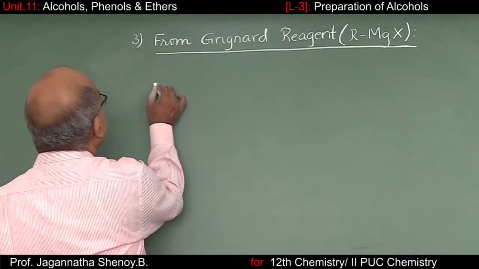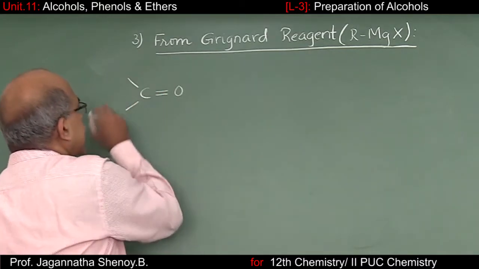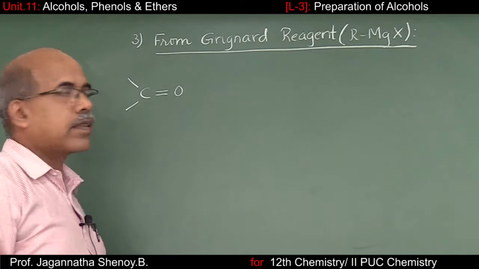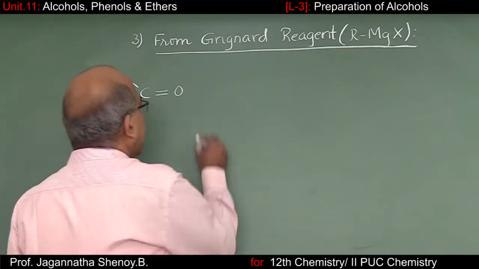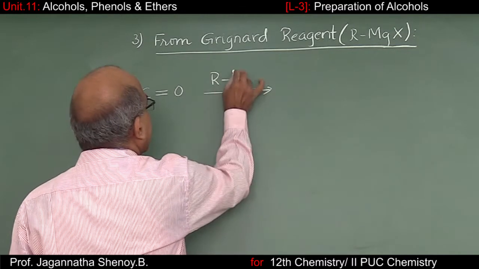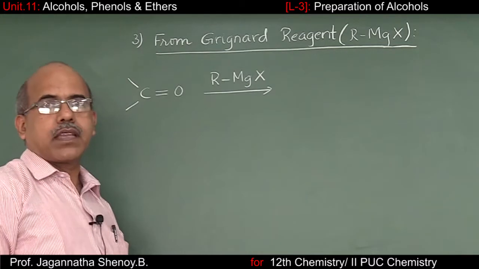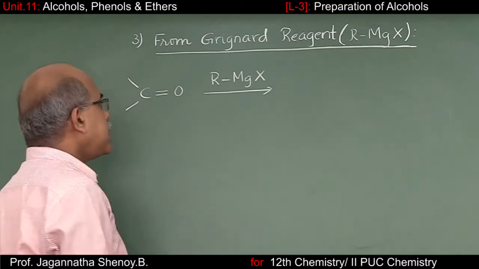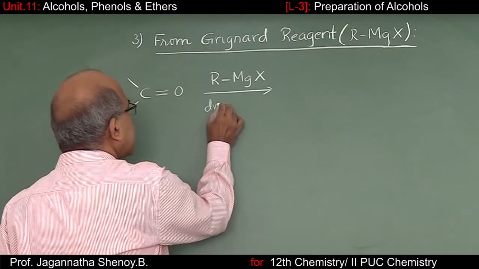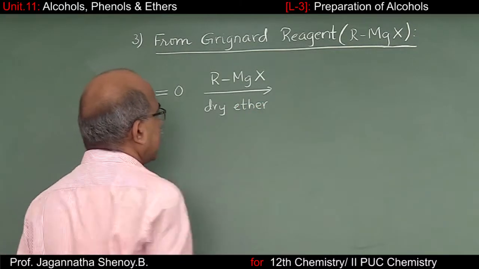I'll start from carbonyl compound, C double bond O. I'll treat it with a Grignard reagent. Grignard reagent is RMgX. And Grignard reagent has to be used in the presence of dry and alcohol-free ether.